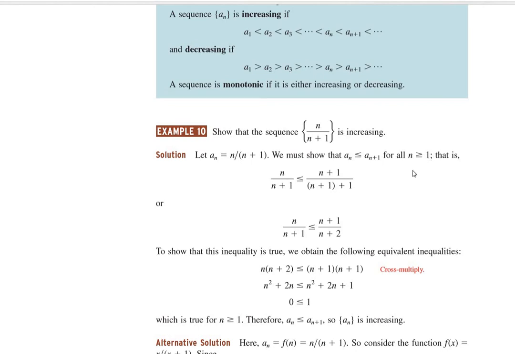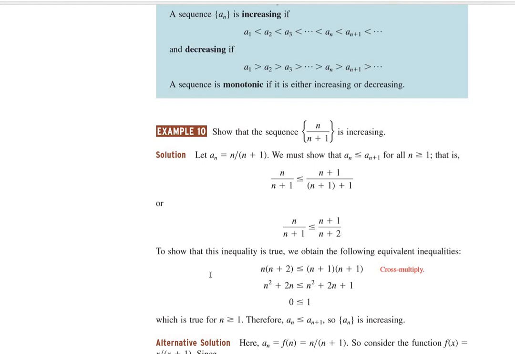Listen: n by n plus 1 is less than or equal to a_{n+1}. a_{n+1} means replace n by n plus 1, so this is n plus 1 divided by n plus 1 plus 1. So n by n plus 1 is less than or equal to n plus 1 divided by n plus 2.